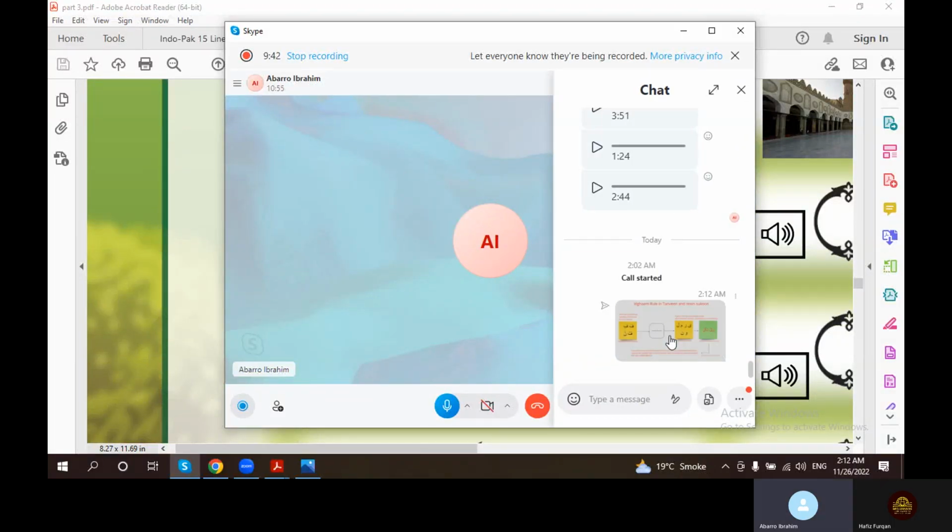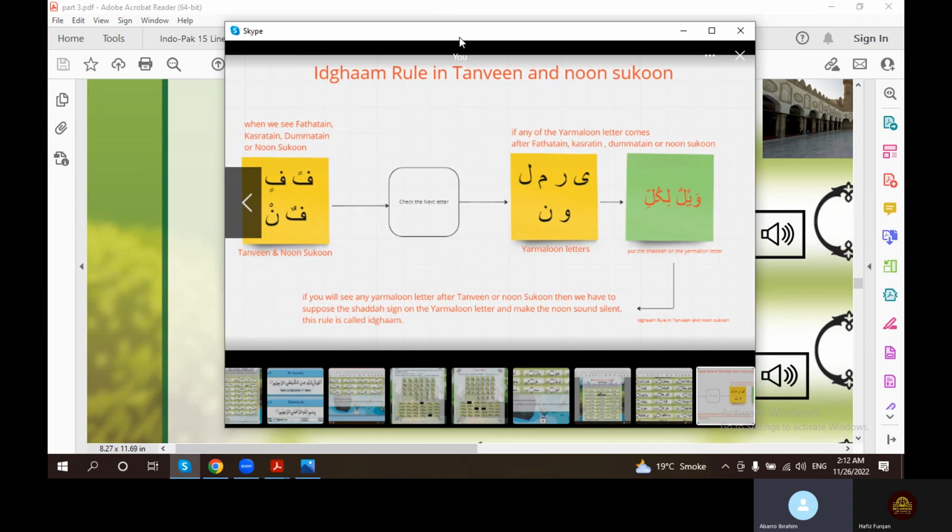Do I open it? Yes, you open it. Or I open it for you for now. Can you see? No, not yet. It's loading. Yeah, I can see it now.